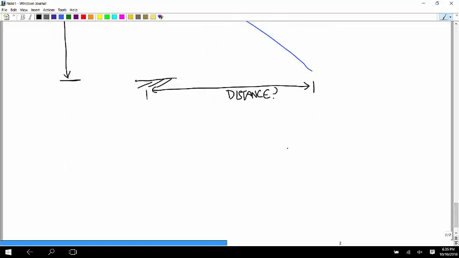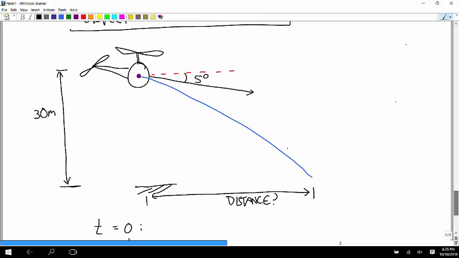Okay, so to do this calculation, we first have to choose time equals 0, time final, the origin location, and the coordinate system orientation. Like I always do, I'm going to put the origin on the ground right below the object at time equals 0.